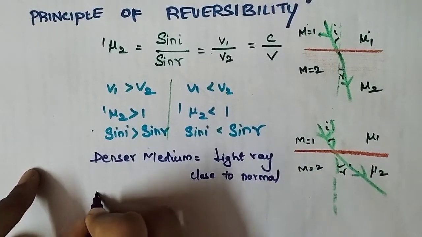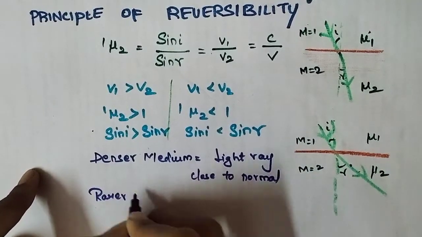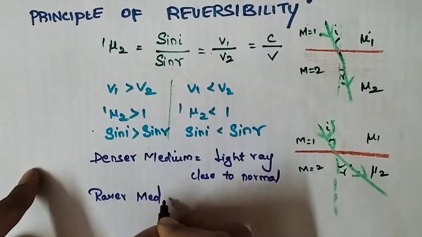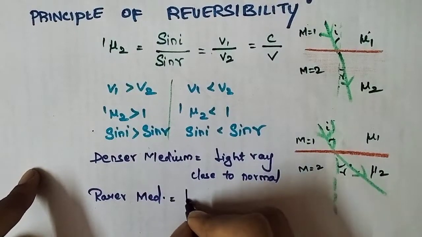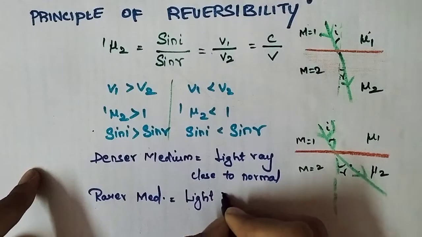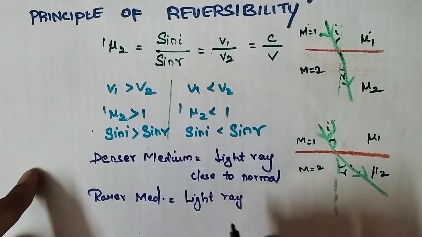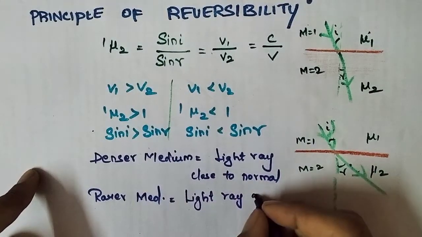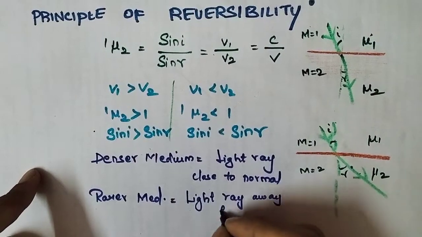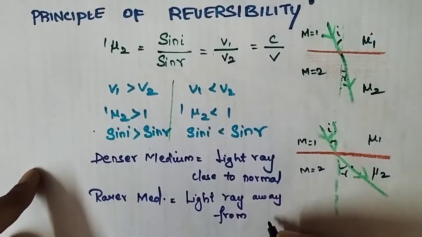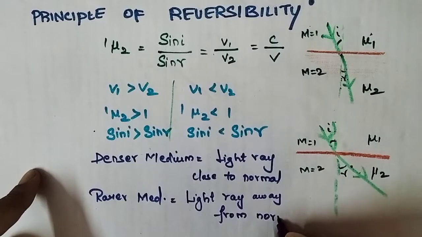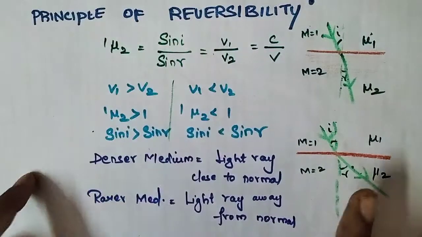If it is a rarer medium, light ray will be away from the normal. Okay, clear? So these tricks and all you should remember.